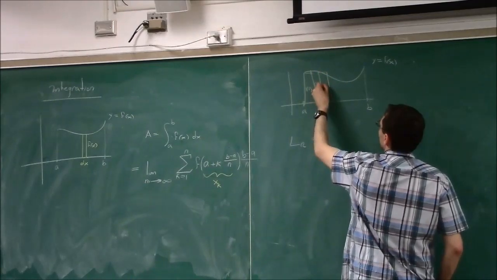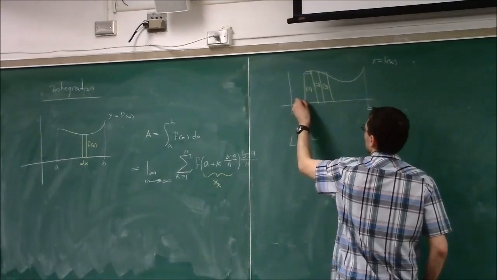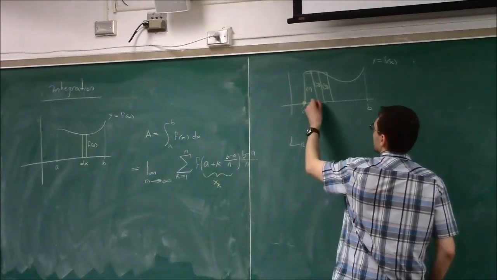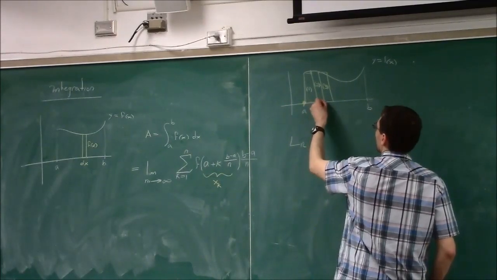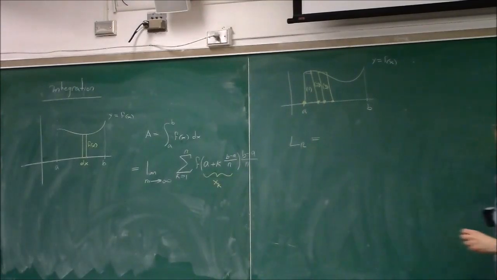This is the height of the third rectangle. So we are picking heights for the first rectangle at the left-hand point, for the second rectangle at the left-hand point. We are always picking them at the left-hand point. What would have been the formula for L sub n if we're using left-hand approximation?